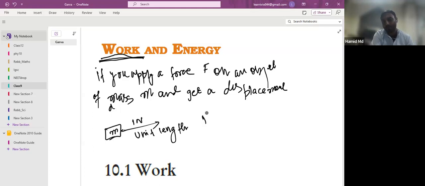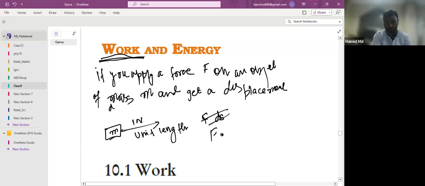It will be F dot D, force into displacement.